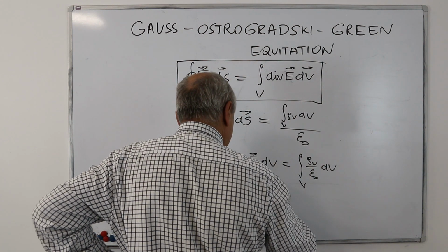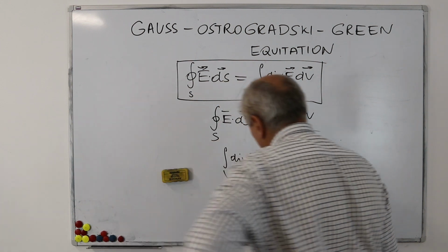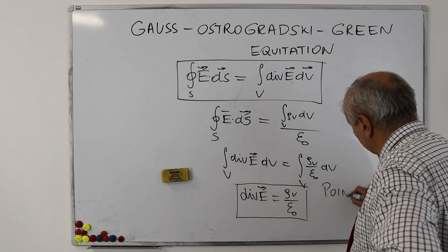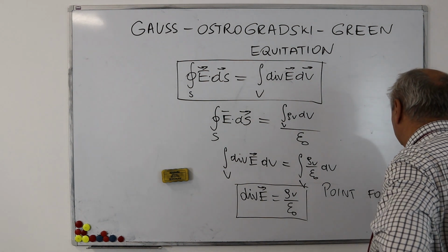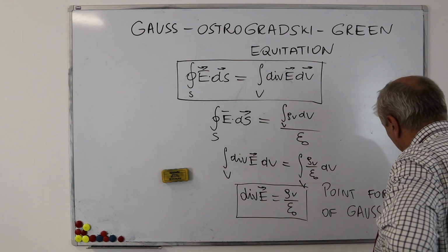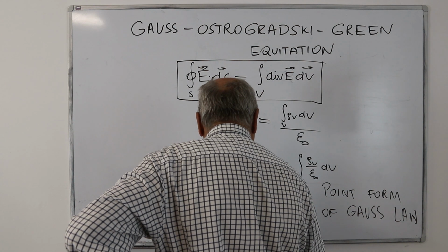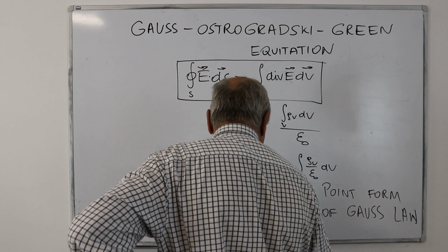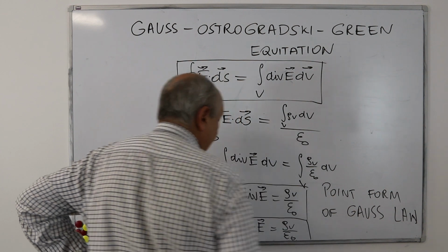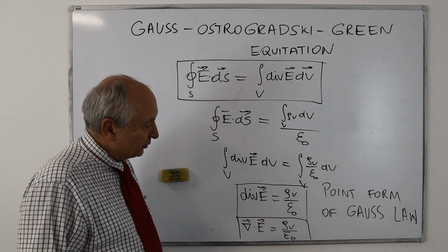So divergence E is equal to rho v divided by epsilon 0. This is the point form of Gauss law. We can write it in such a way. Both are correct. We can use this or this formula. They are the same.